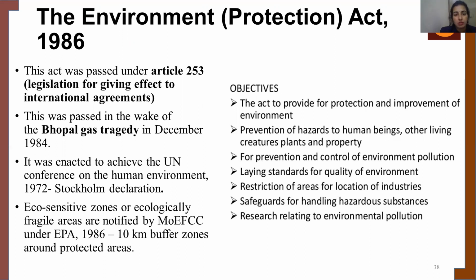So from the name itself, we get to know that it is for the protection of the environment. The main objectives of this act are to provide protection and improvement to the environment, prevention of hazardous activities to human beings and other creatures on the planet, prevention and control of environmental pollution, laying standards for increasing the quality of the environment, restriction of areas for location of industries, safeguards for handling hazardous substances, and research relating to environmental pollution.